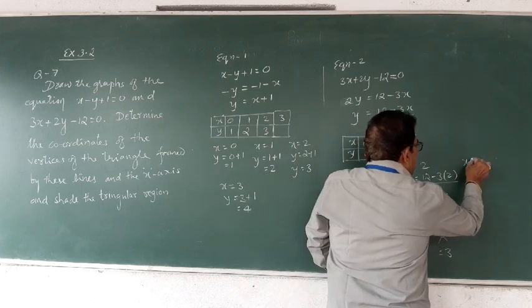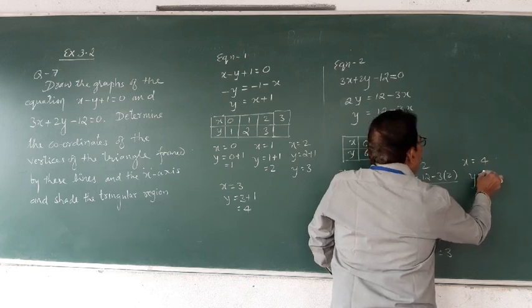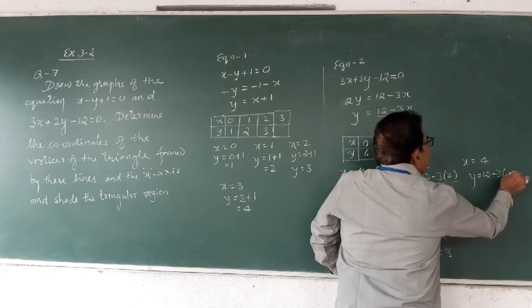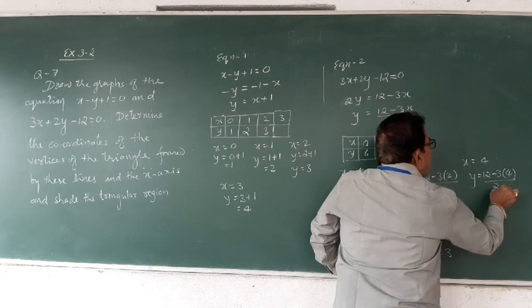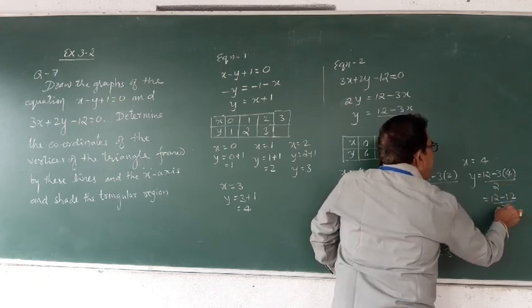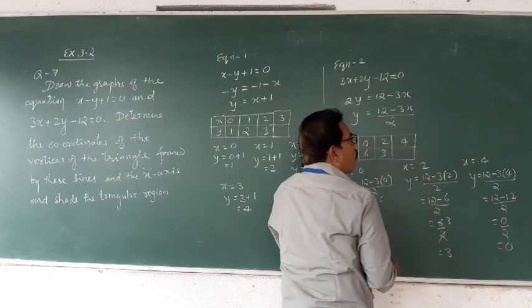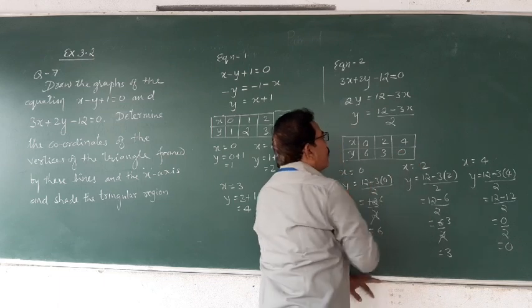Then x equals 4: y equals 12 minus 3 into 4 divided by 2, 12 minus 12 divided by 2, 0 by 2 equals 0.